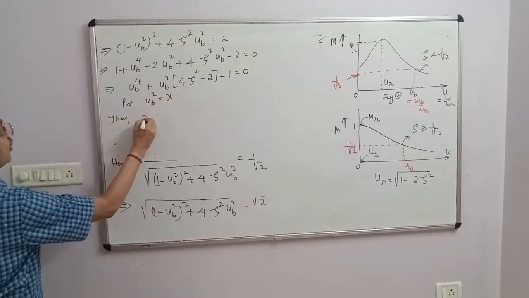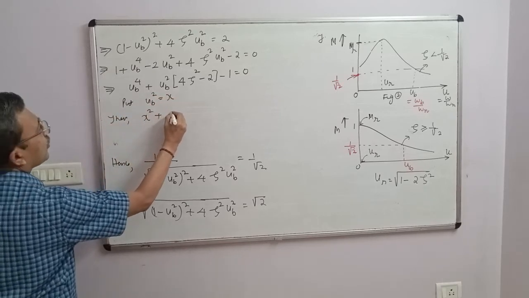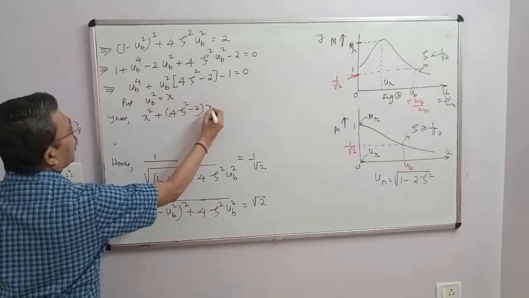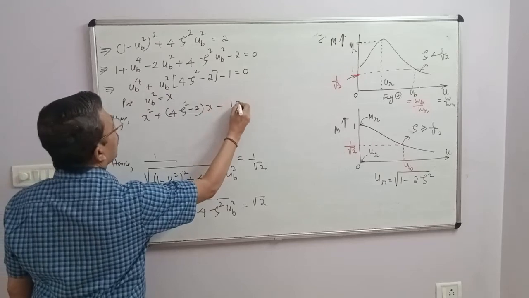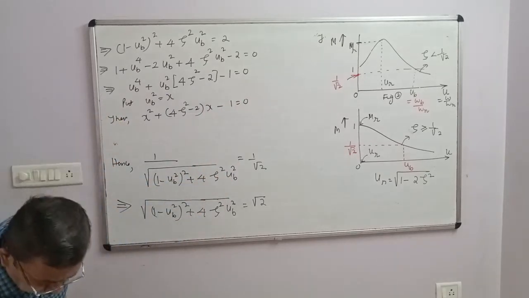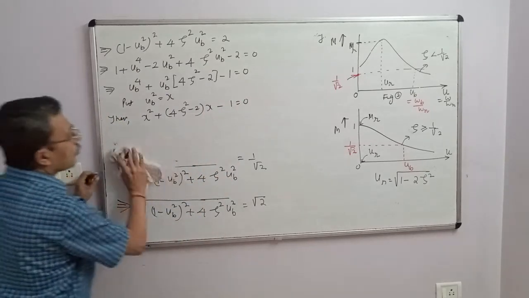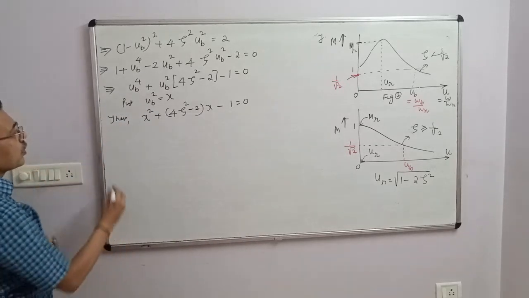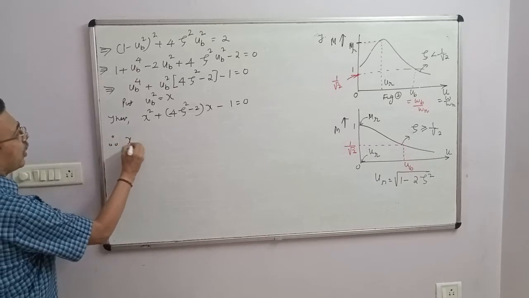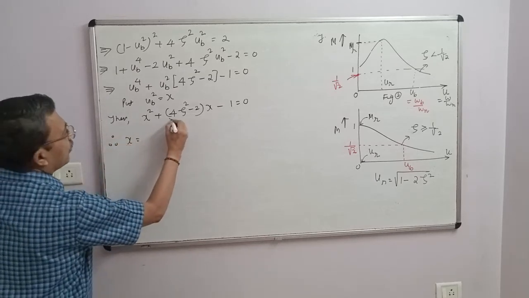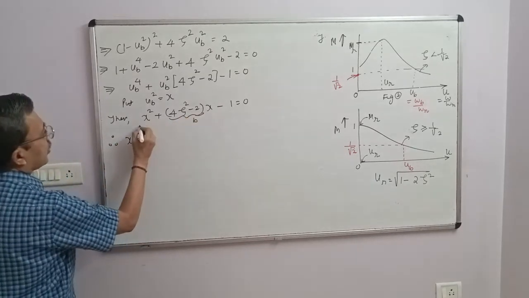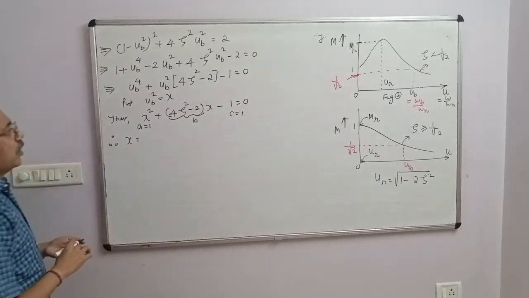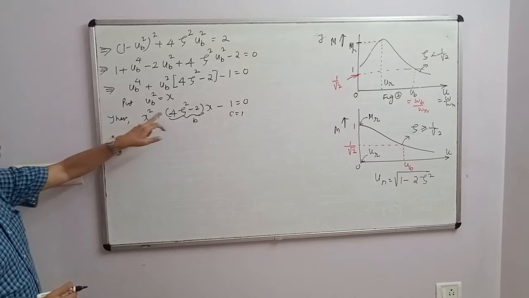Then x square plus (4 zeta square minus 2) into x minus 1 equal to 0. The equation is of the form ax square plus bx plus c, where a is equal to 1, and c is equal to minus 1.